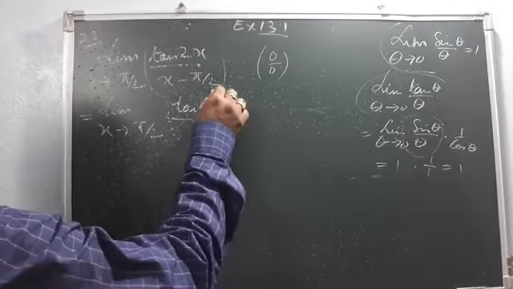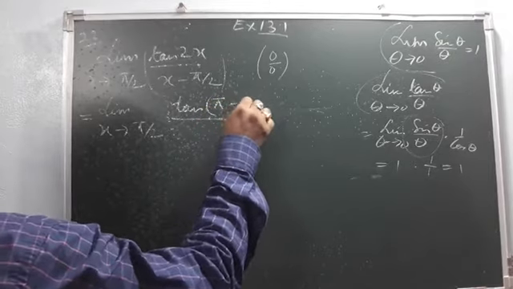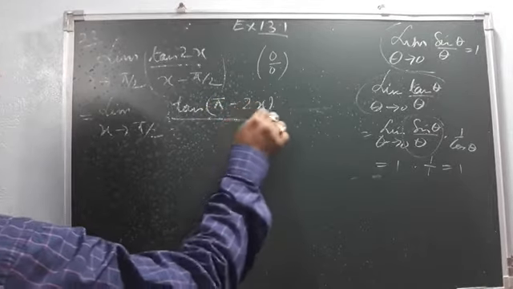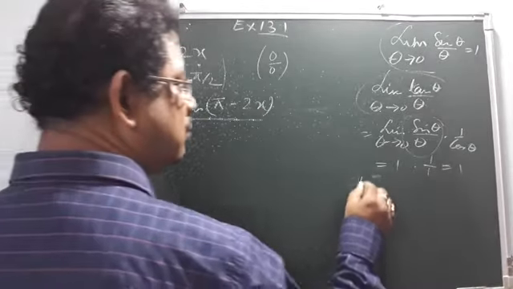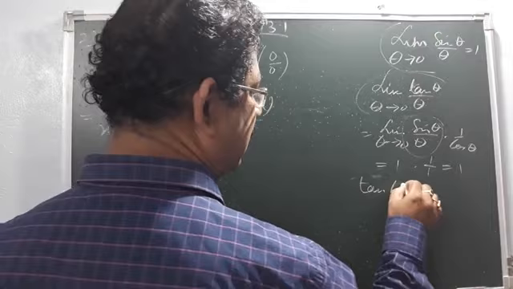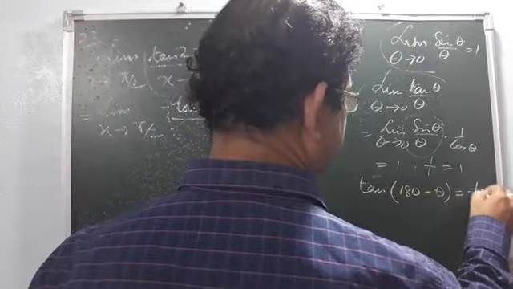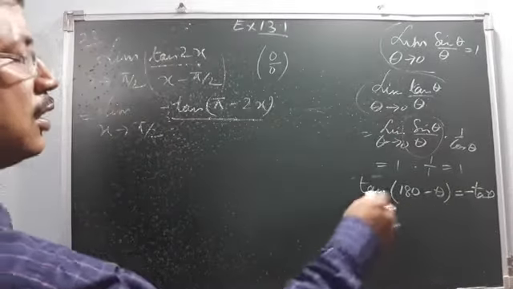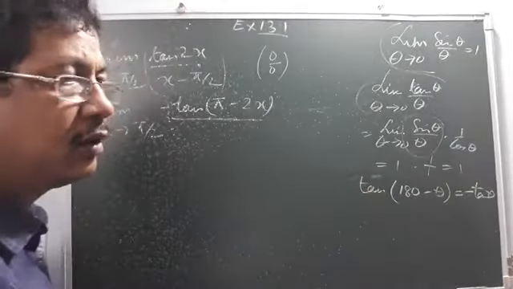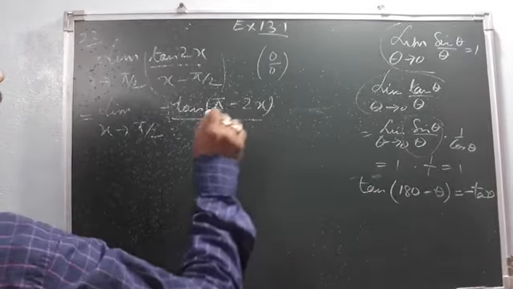So we can write here pi minus twice x, and we have to give one minus sign. How? Because we know tan 180 minus theta is minus tan theta. So tan theta can be written as minus tan 180 minus theta, so that we have written.